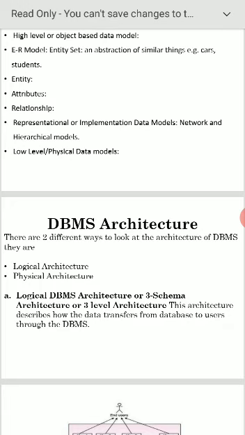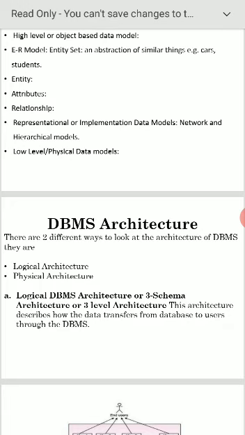The main aim of this architecture is separation of user application from the database. Means the user should not touch the applications, they can just use the user application. This architecture is divided into three levels, hence it is referred to as three schemas.